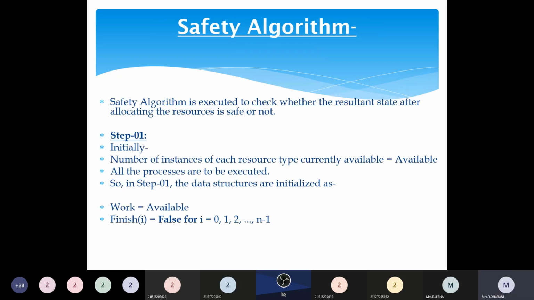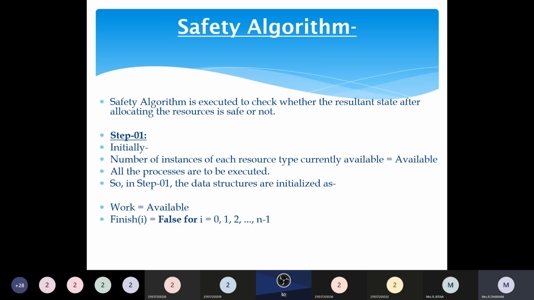Okay. So let's see the safety algorithm. For the safety algorithm, we require two data structures, work and finish. The safety algorithm is used to check whether the resultant state after allocating the resources is safe or not.